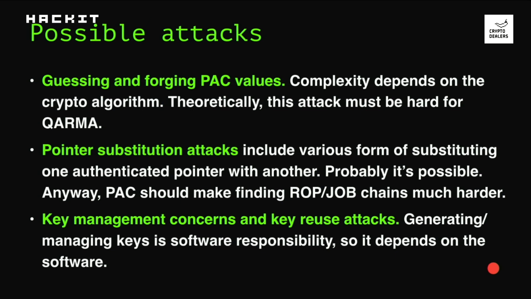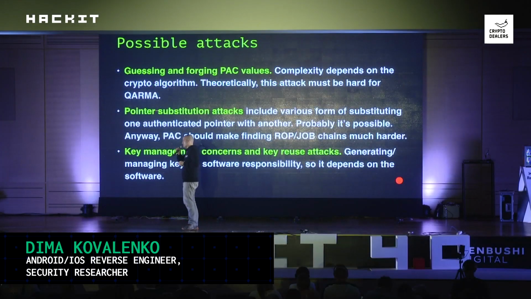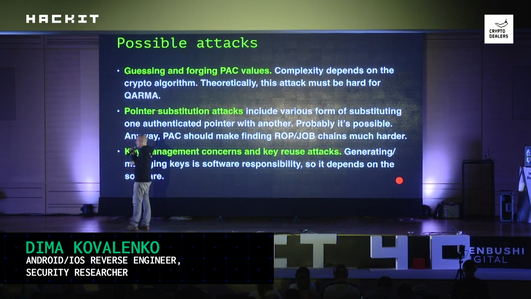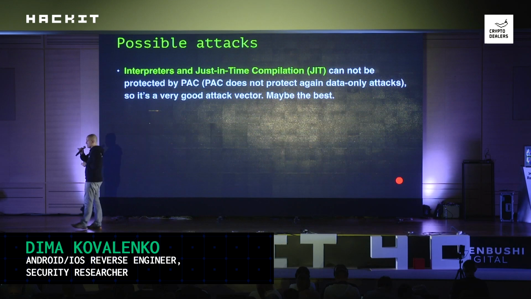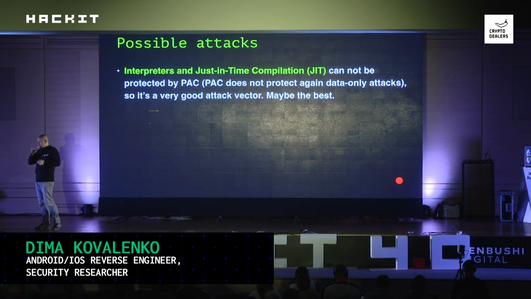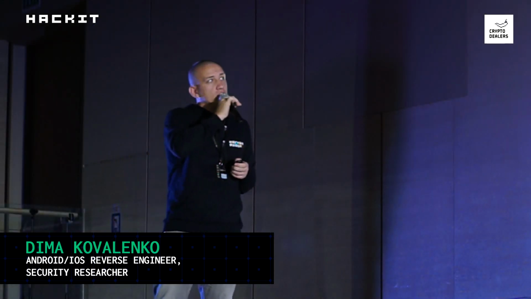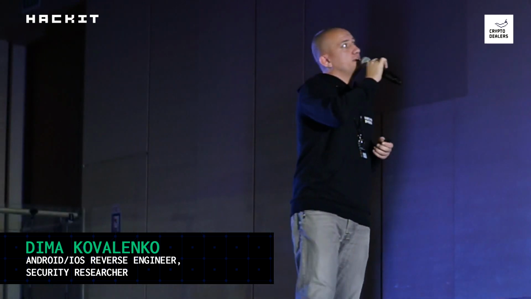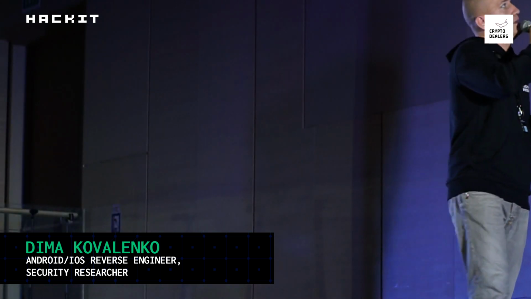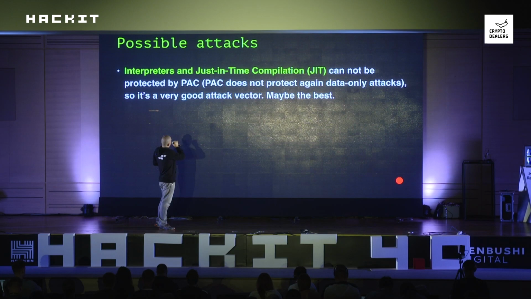If software does it badly or weakly, we can try to attack this as well. Then interpreters and just-in-time compilation, JIT. JIT is probably the best attack vector here, and actually I think it will be the only real attack vector for code protected by the new instructions.